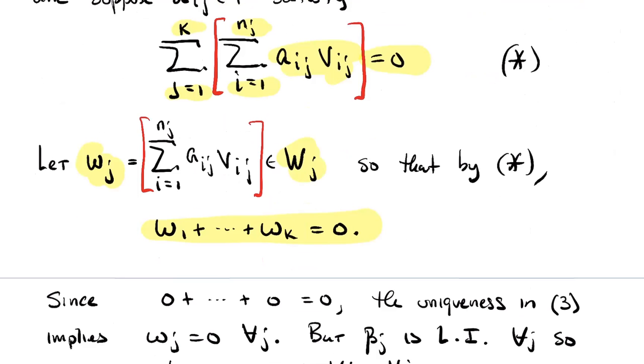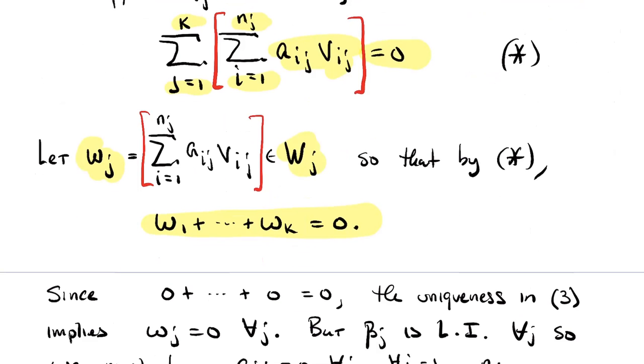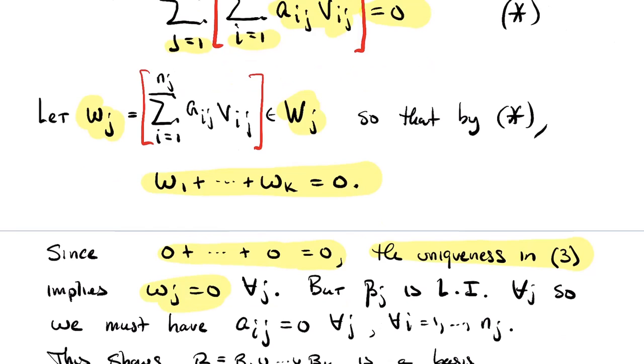We're assuming that you can only write a vector one way. It's the uniqueness. It's our assumption in this condition 3. But there's another way to write 0 as a sum of things in the wj's. You can just write it as 0 plus 0 plus 0 and so on. Zeros in every one of those subspaces. So by the uniqueness in our hypothesis, each one of those wj's actually has to be 0.